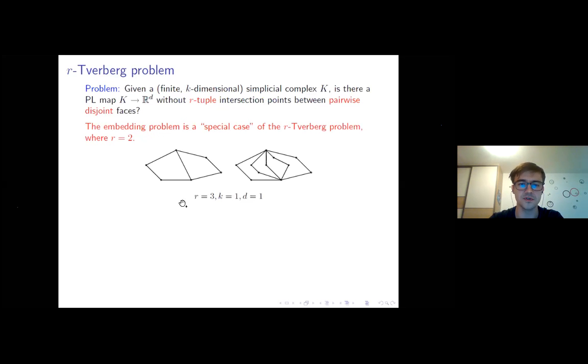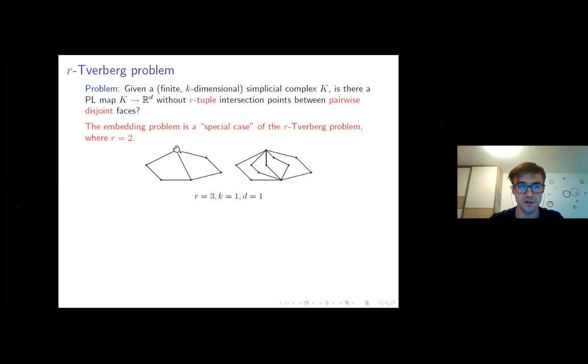Just for example, say r is equal to 3, so I don't want the triple intersection points, and let's say k is equal to 1, so this is a graph, and there are two cases, and d is equal to 1, so I want to map this to a line, and I ask if there is an r-Tverberg map. So considering the first one, surprisingly, there is one. Just imagine the line is placed going like here.